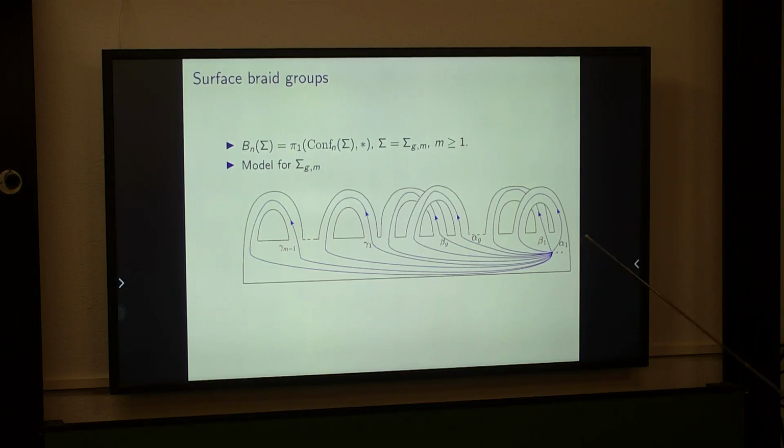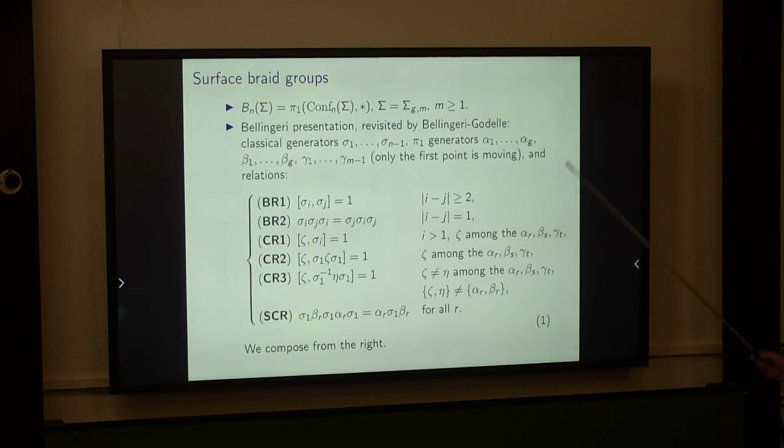If you move only the first strand of your configuration and don't move the other ones, this gives you a braid. I will call this a pi1 generator. And with those generators, we have a quite nice presentation.